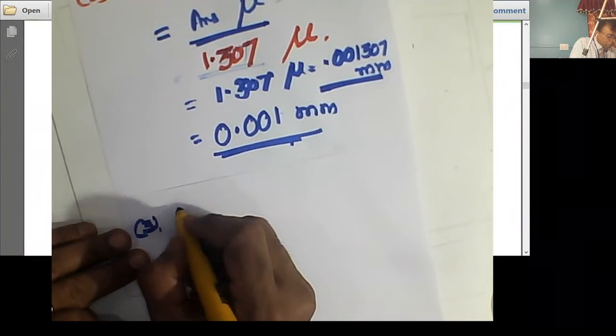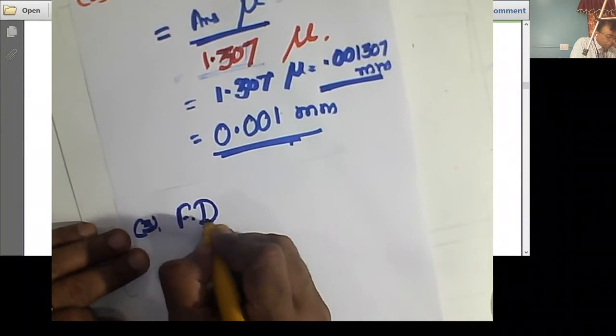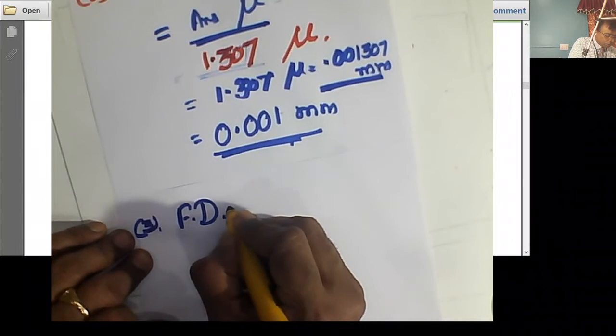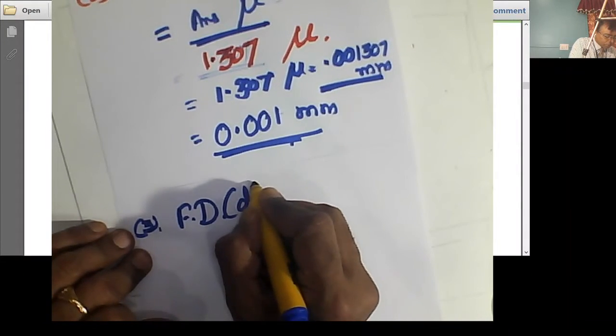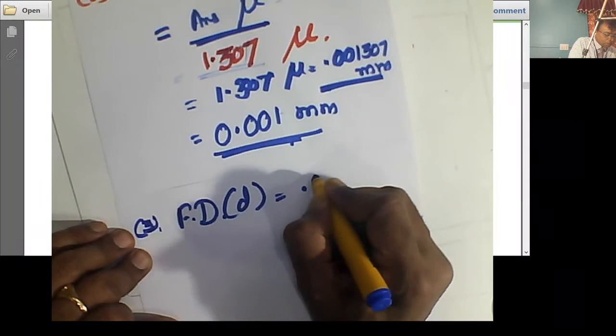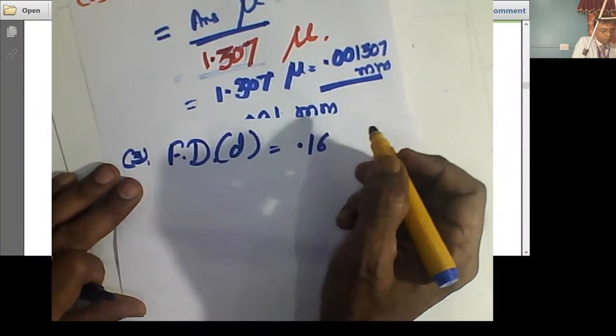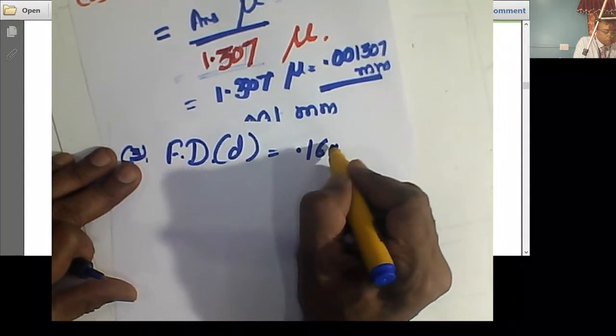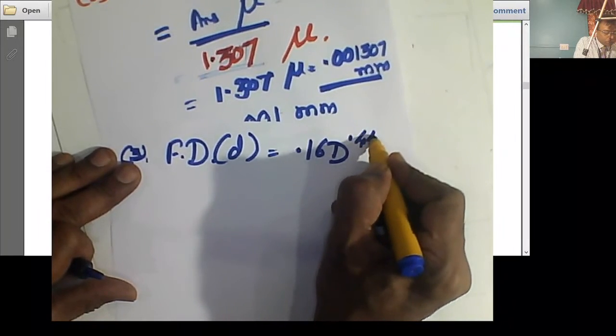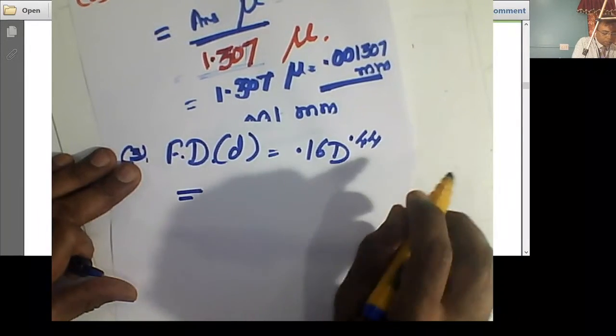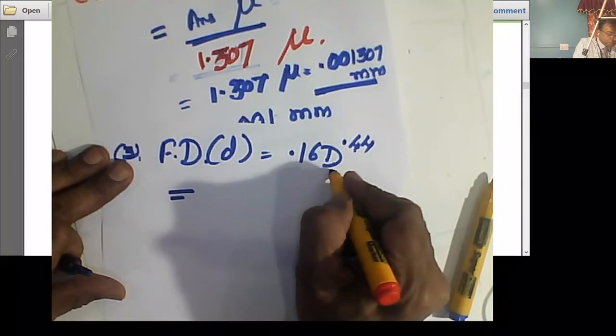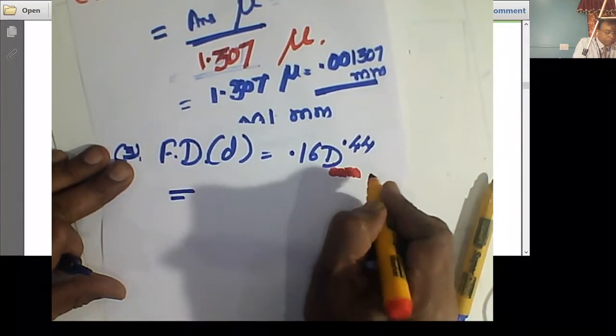Next, third, fundamental deviation. Fundamental deviation for D shaft is equal to minus 16 d to the power 0.44. Here please note d is in mm.